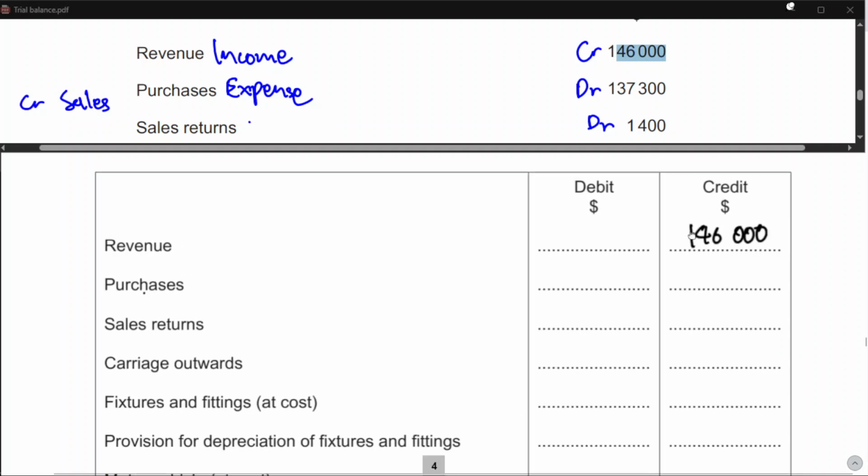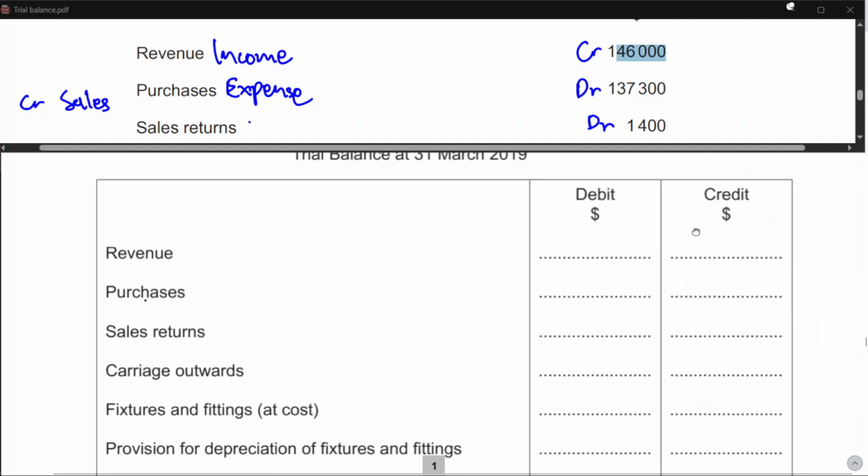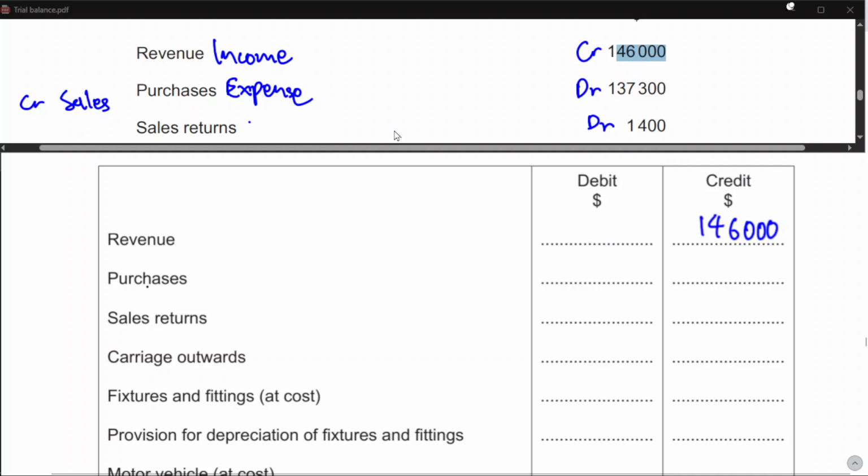Let me change the color. So this one debit 137K, left hand side 137,300. Debit 1,400, left hand side 1,400.